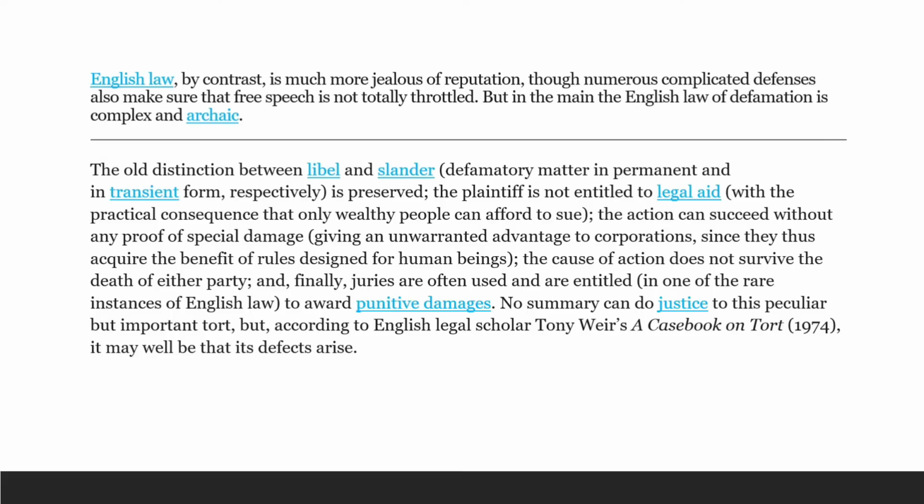The cause of action does not survive the death of either party, and finally, juries are often used and are entitled, in one of the rare instances of English law, to award punitive damages. No summary can do justice to this peculiar but important tort, but according to the English legal scholar Tony Weir, in his Casebook on Tort, 1974: it may well be that its defect arises.